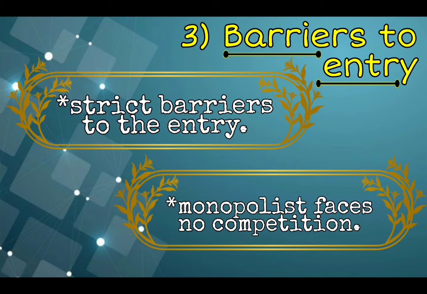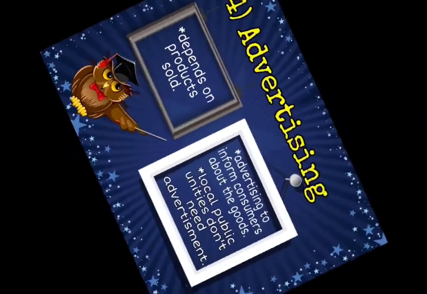A monopolist faces no competition because of barriers to entry. For example, the barriers to entry that limit pricing. Firms may adopt predatory pricing policies by lowering prices to a level that will force any new entrants to operate at a loss. The fourth characteristic is advertising.